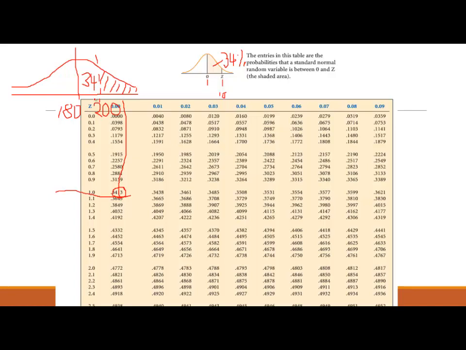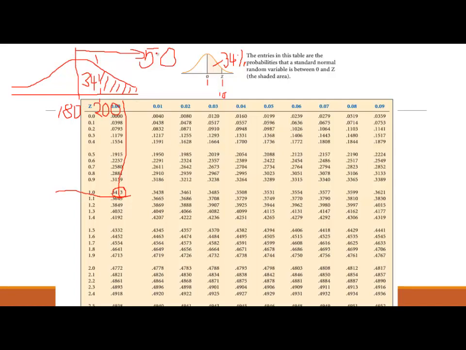I was looking to see what percentage of the people fall above 200 pounds. Well, I know this whole area to the right of the mean is 50%. We talked about this a few slides ago, because it's symmetrical around the mean, which sits right in the middle of the population.